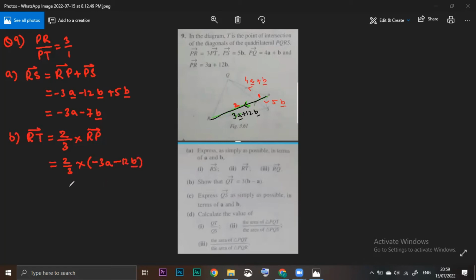Because we have changed the direction of PR. And the final answer is minus 2A minus 8B.